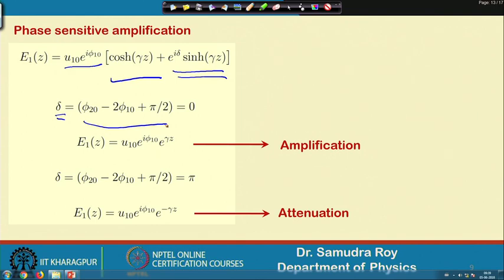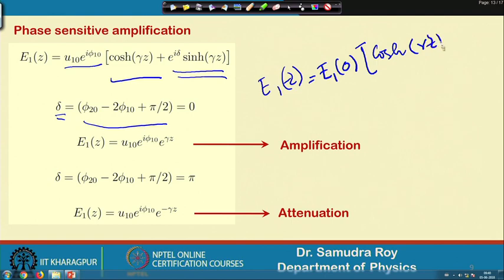In the first case, I put delta equal to 0. If I put delta equal to 0, then this quantity simply becomes E1 z will be E1 0, and then we will have cos hyperbolic of gamma z plus, delta is 0 means, sin hyperbolic of gamma z.